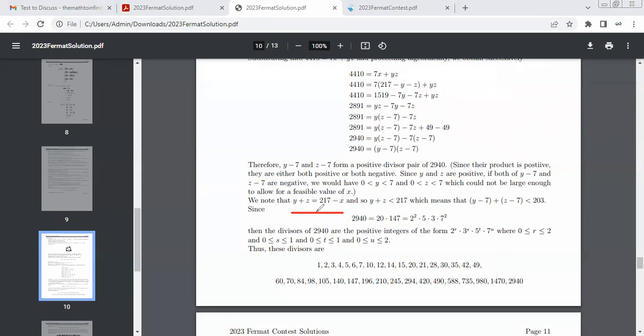By doing that, we can say this y plus z must be lesser than 217, because when you substitute some values for x, that would be lesser than 217, isn't it? You subtract, because x is a positive number. Exactly. And also they're saying that sum.